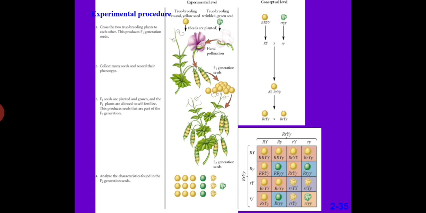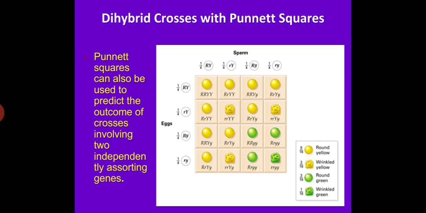Of these 16, 9 are round yellow, 3 are wrinkled yellow, 3 are round green, and 1 is wrinkled green.